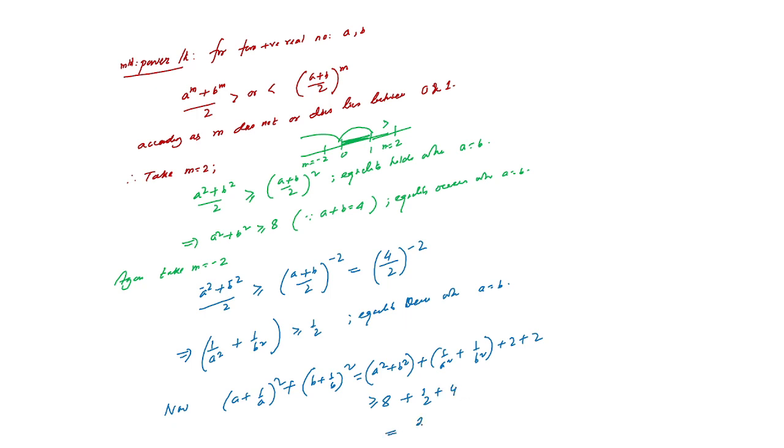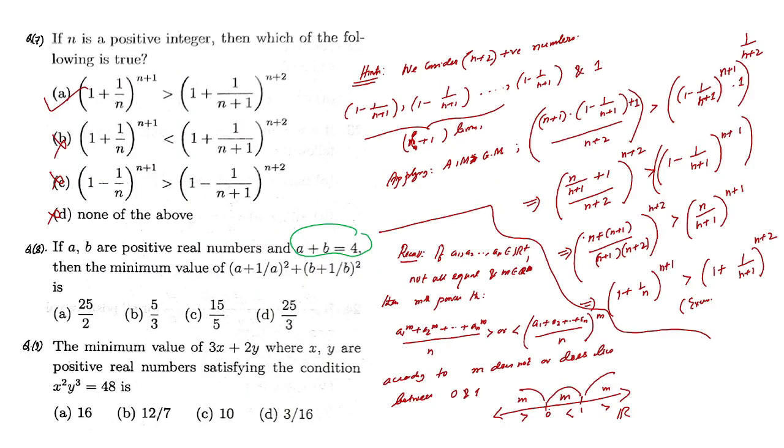So this value will be 25 by 2, and equality holds when a equals b. So these are the problems here. The least value of this expression is always greater than or equal to 25 by 2. So the minimum value will be 25 by 2. That option is correct. All other options are false. Now we will solve the next problem.